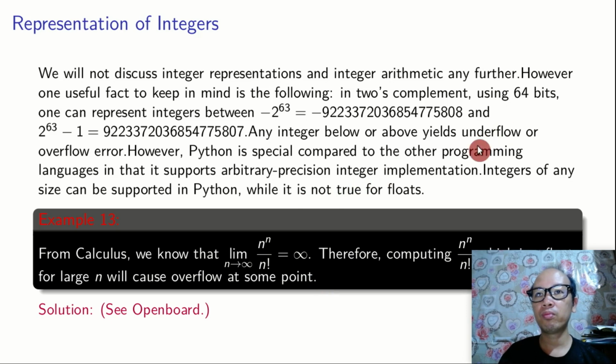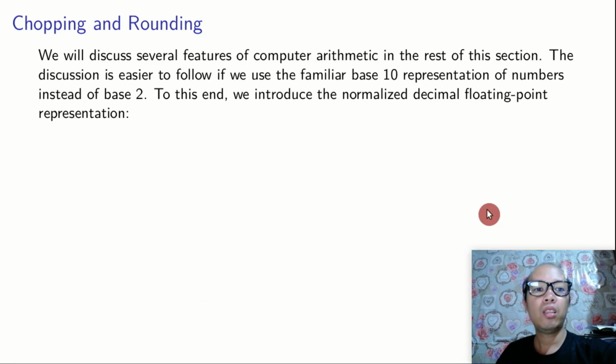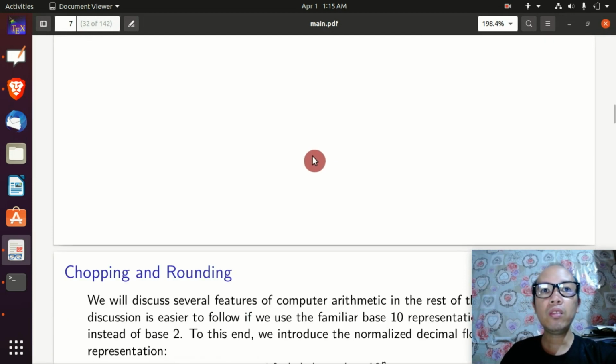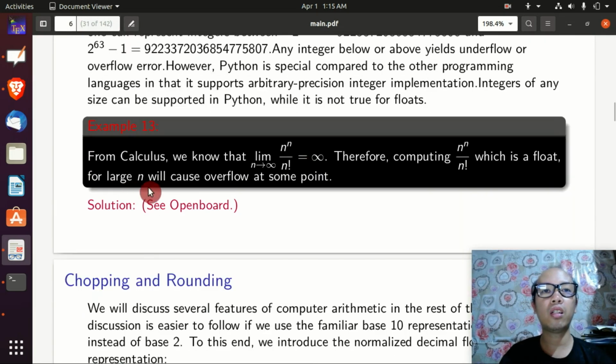Let's try to discuss more about underflow and overflow by using this example in calculus. It says here, from calculus we know that the limit of n to the n over n factorial as n approaches infinity is positive infinity. If we try to compute this number, if we replace n by 1, 2, 3, then the answer is always a float.